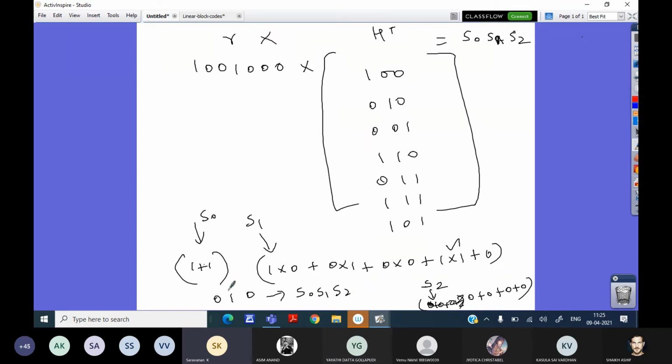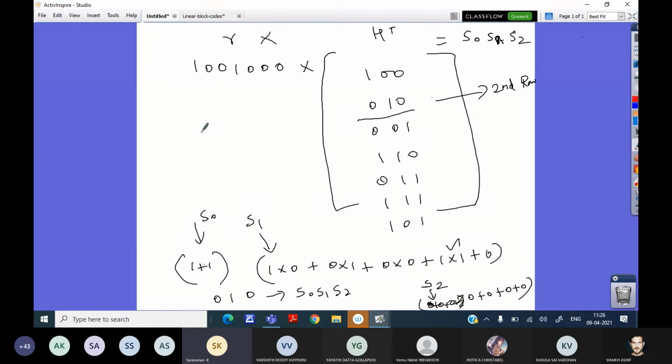Okay, so now if an error occurs in the received vector, the syndrome is not going to be 0. Syndrome bits are not 0. Now, what is the location of 0, 1, 0 in the H transpose? It is in the second row, right? Second row of H transpose. So it indicates that the error occurred in the second bit position of the received vector.